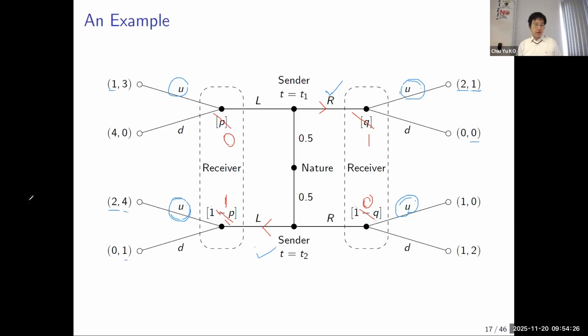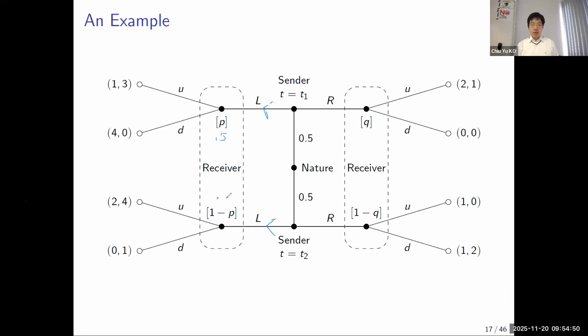So let's look at the case where both types send L. Okay. Both types send L, which means that L tells you nothing, right? If you see both types send it, the receiver's belief should be 0.5 here, 0.5 here.